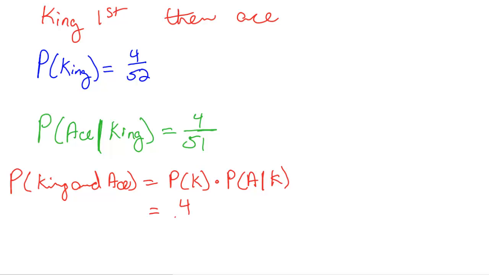So that's going to be 4 out of 52 times 4 out of 51. And so that's going to give us 16 over 2652.